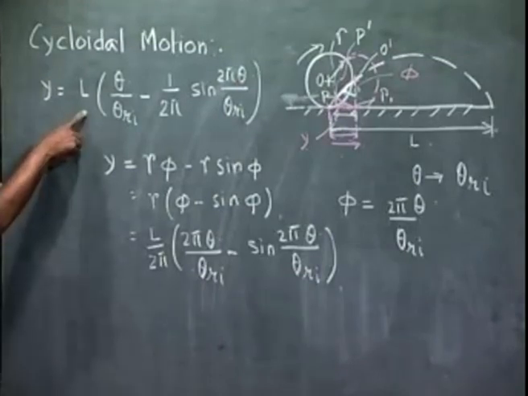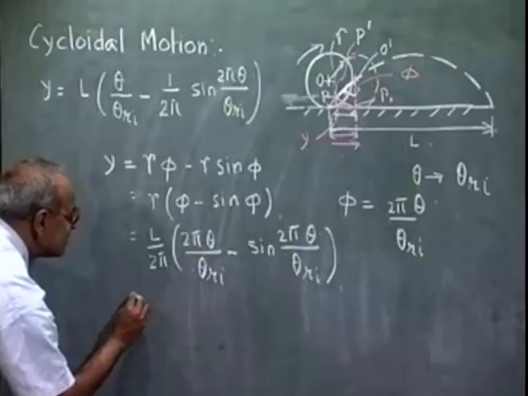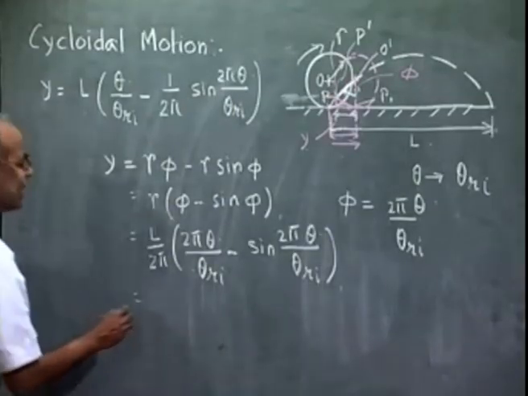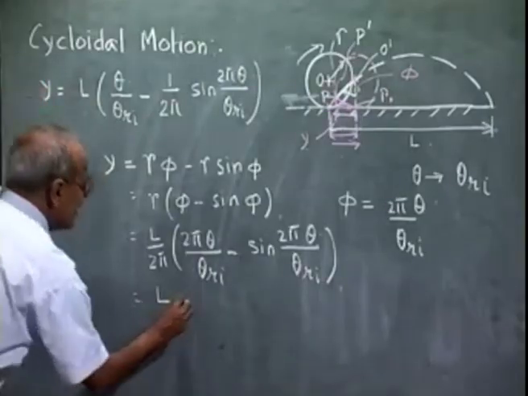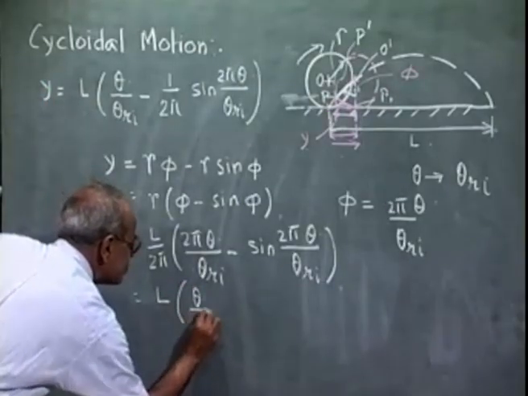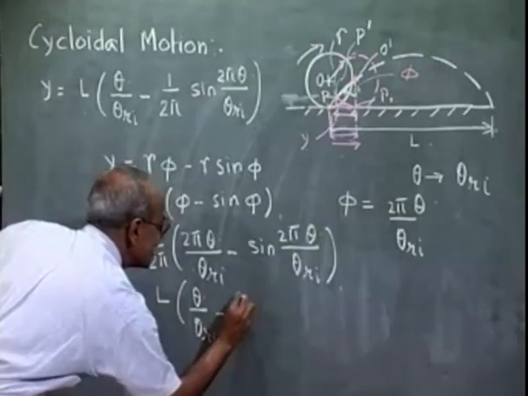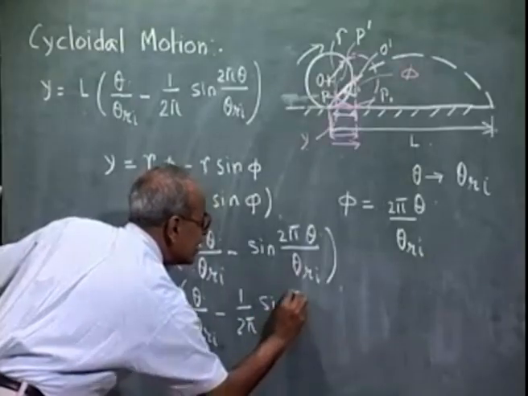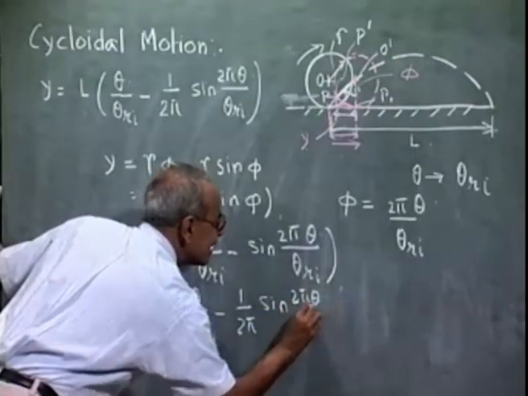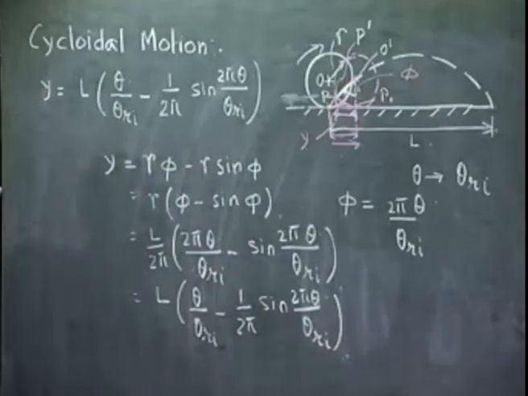That gives me this expression for the cycloidal motion. 2 pi cancels, so it gives me L into theta by theta Ri, and this 2 pi I take inside, minus 1 by 2 pi sine 2 pi theta by theta Ri. So this is the expression for the cycloidal motion.